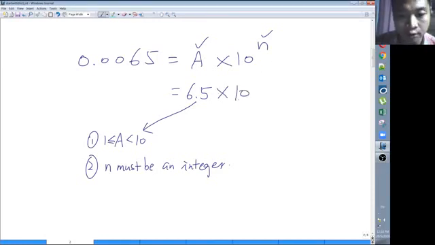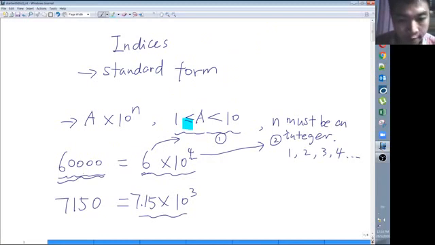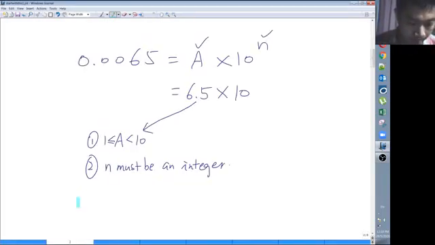For the previous page, our n was all positive integers. I hope you can see that. So for this n, you can't use a positive integer, because if you use a positive integer, this 6.5 is so much bigger than your 0.0065.